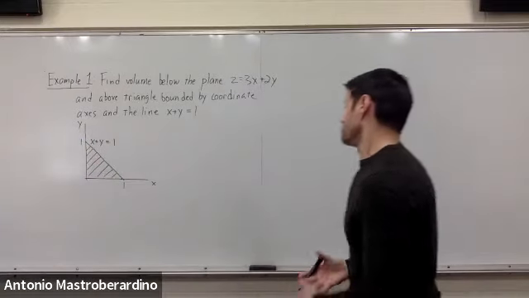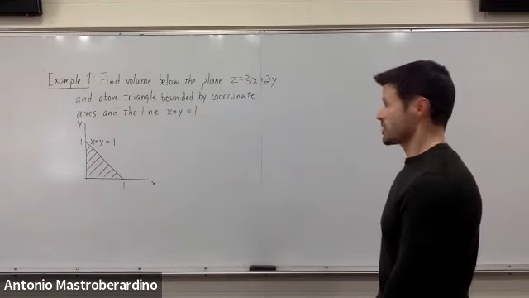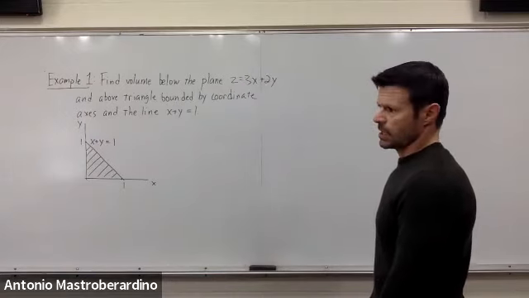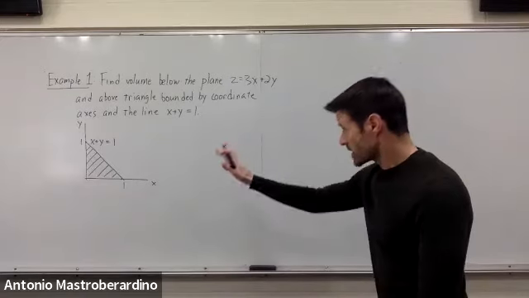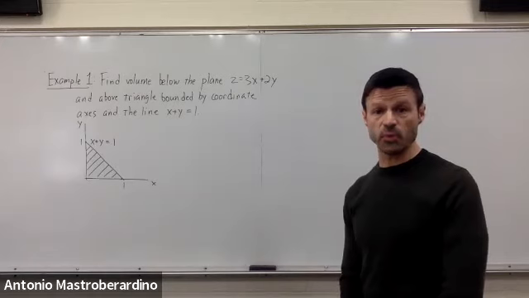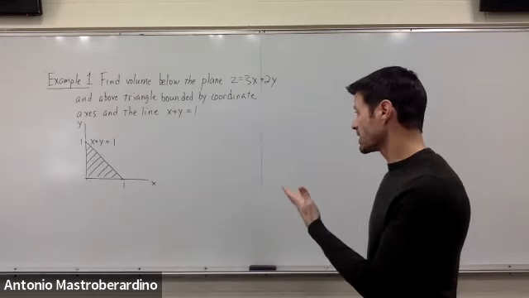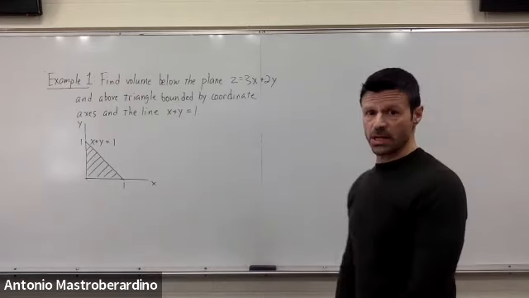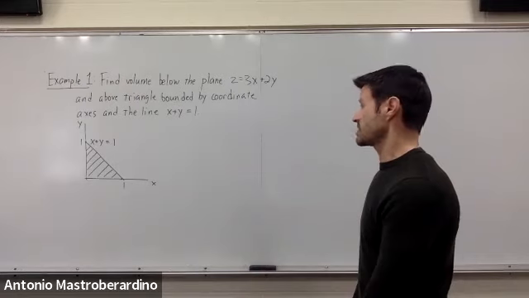And so now let's think about whether this region is type 1, whether it's type 2, whether it's both. It turns out that a triangle that looks like this is both type 1 and type 2, okay? And if it's type 1, we normally will prefer to set up an integral where we consider this as a type 1 region.